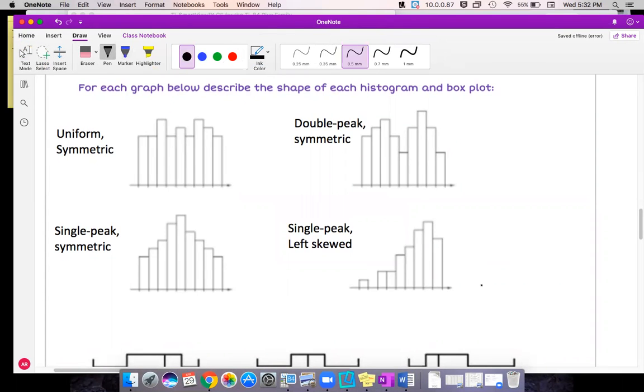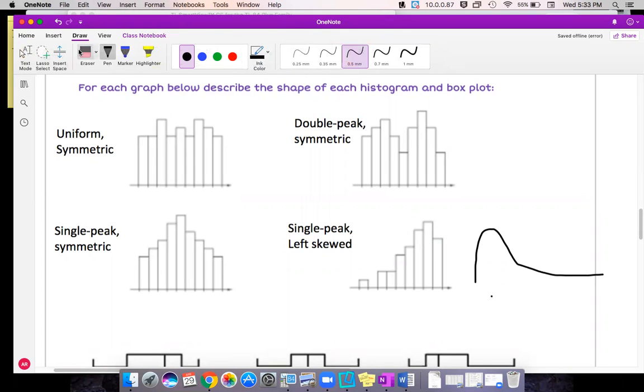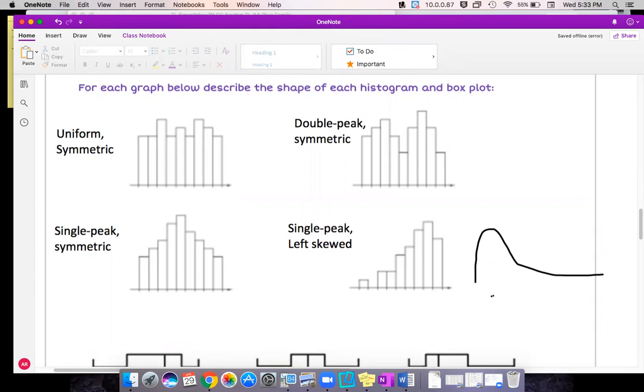So let's say your graph did like the opposite. So your peak is on this side and then it skews over here. That would be considered skewed right. Okay, so over here on your left side, it's a skewed right.